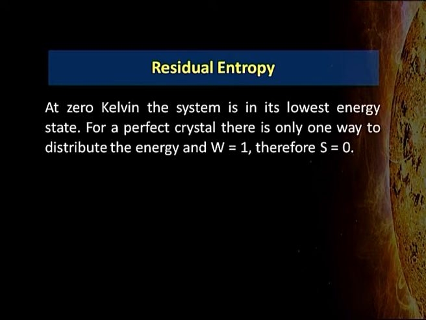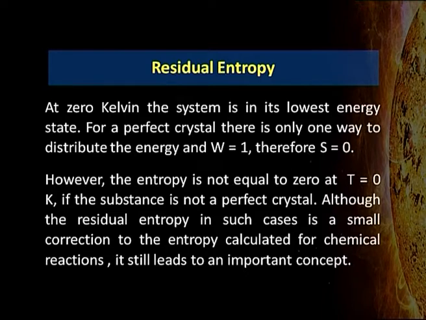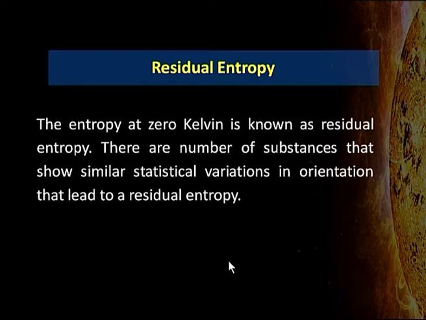Therefore, entropy is equal to 0. However, the entropy is not equal to 0 at temperature equal to 0 Kelvin if the substance is not a perfect crystal. Although the residual entropy in such cases is a small correction to the entropy calculated for chemical reactions, it still leads to an important concept. The entropy at 0 Kelvin is known as residual entropy.